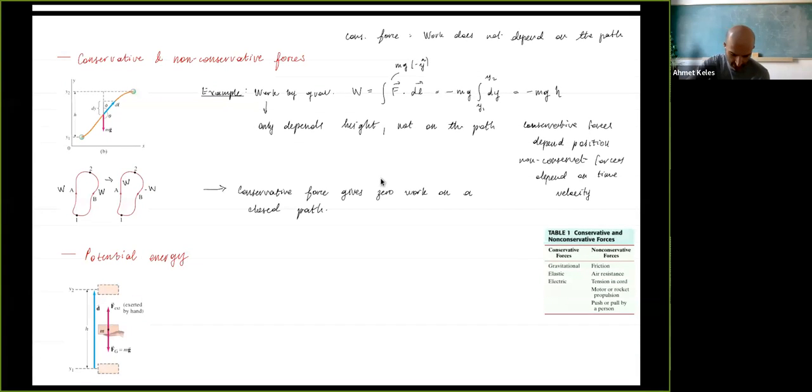Now I want to introduce a new thing. We already introduced the conservative force, and now I'd like to introduce potential energy. Once we know the conservative force, it's easy to introduce potential energy. Work done by conservative forces is potential energy.